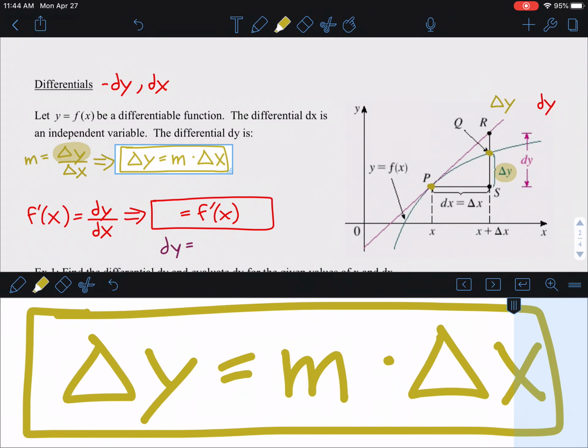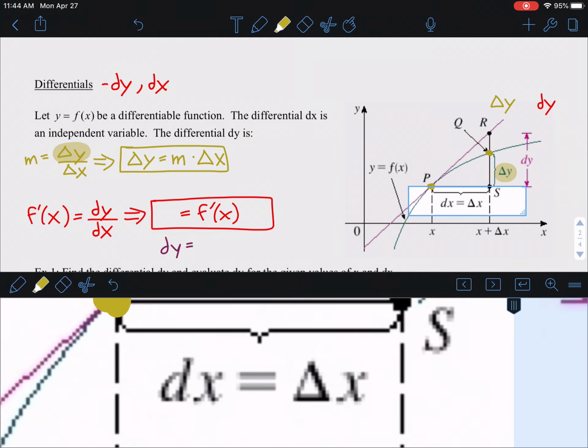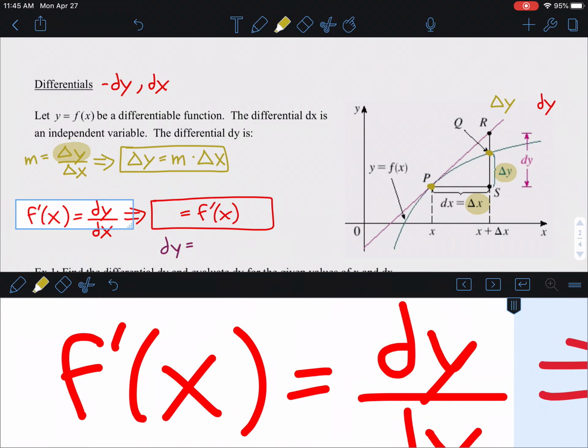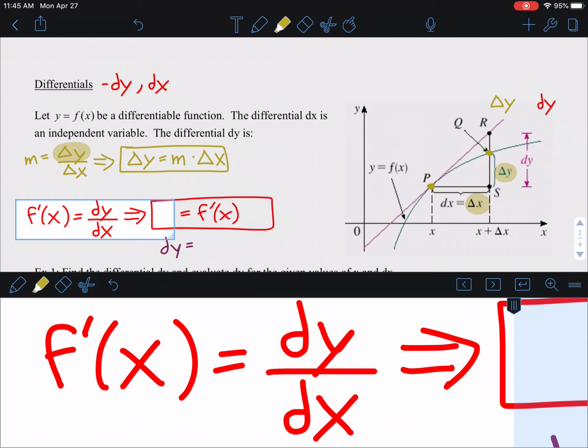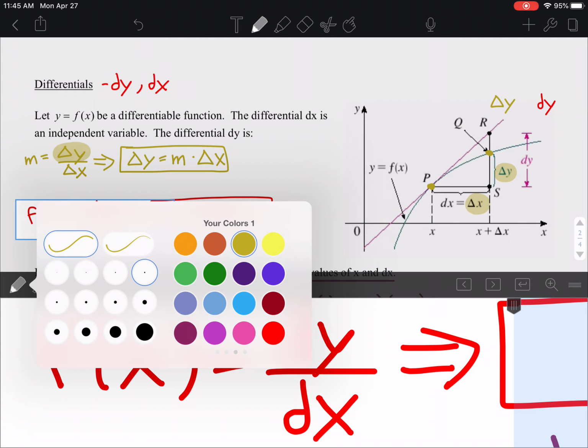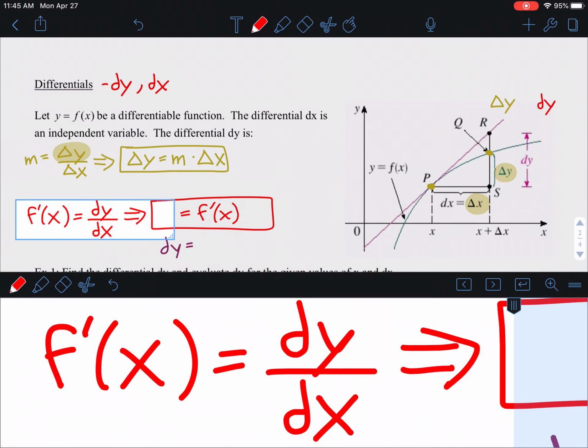Another way, though, is by rearranging the slope formula, m times delta x, right? I can also subtract the difference in the x values, and I can figure that out as well. Okay, so here's what we're going to do. We can do this same idea with the slope. f prime of x we can consider to be dy dx, right?